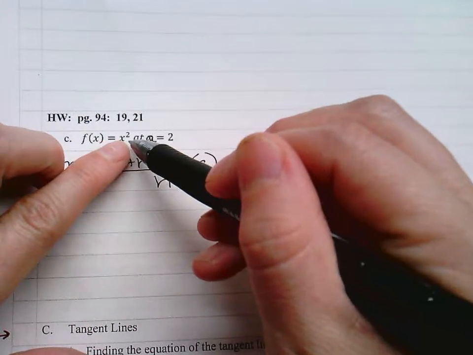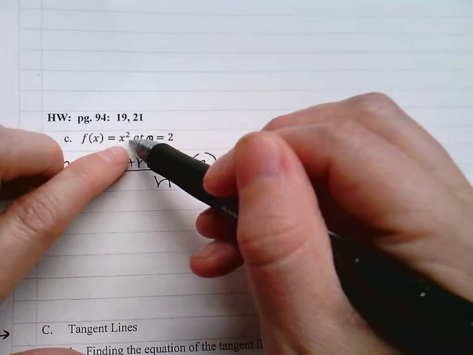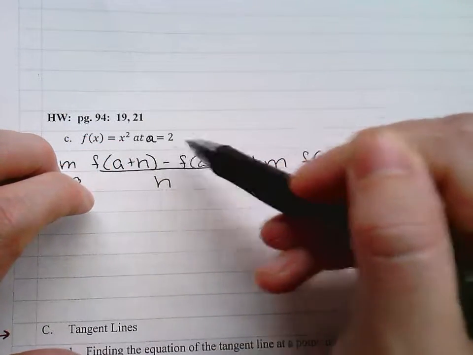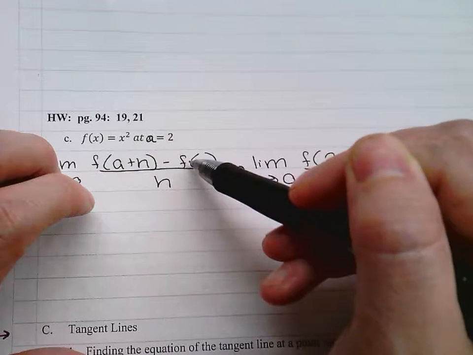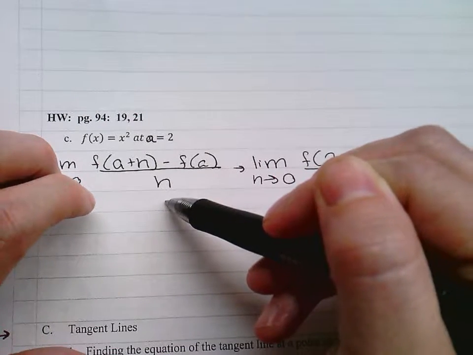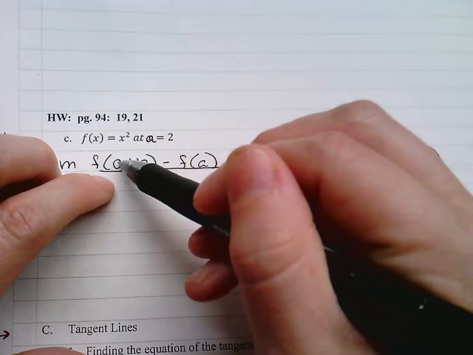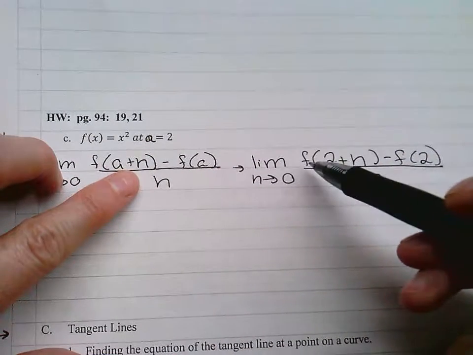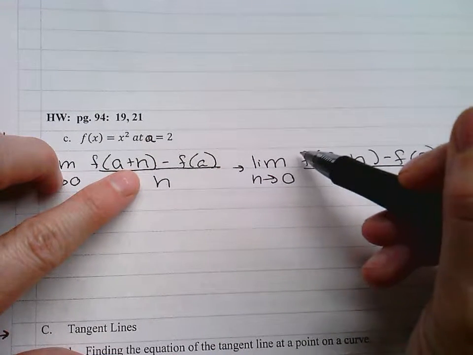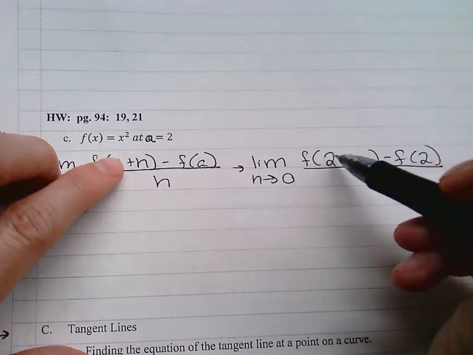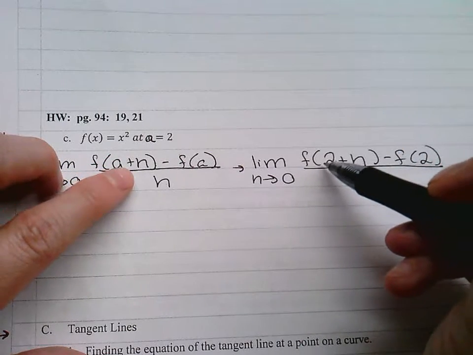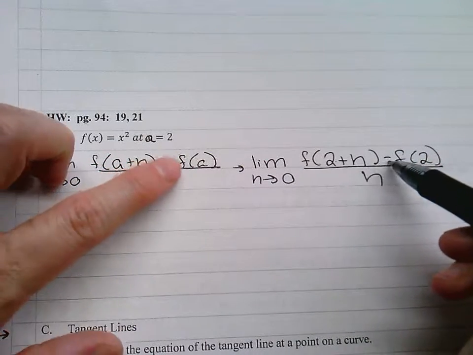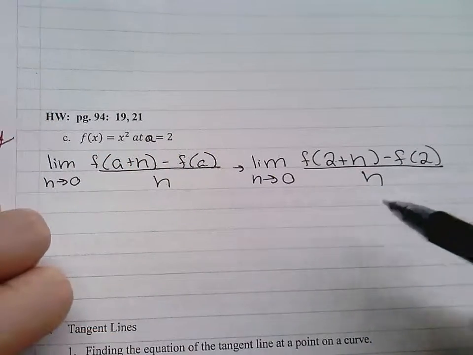So you would have a plus h squared minus f of a over h. Or you can go in and plug the 2 where you see a, which is what I did here. So limit, so where I see a, I'm going to put 2. So f of 2 plus h minus f of 2 over h. You could also find it like that as well.